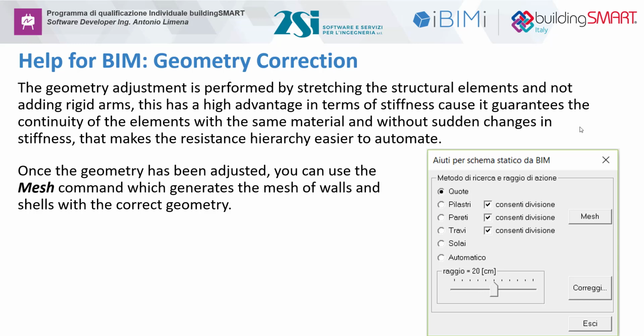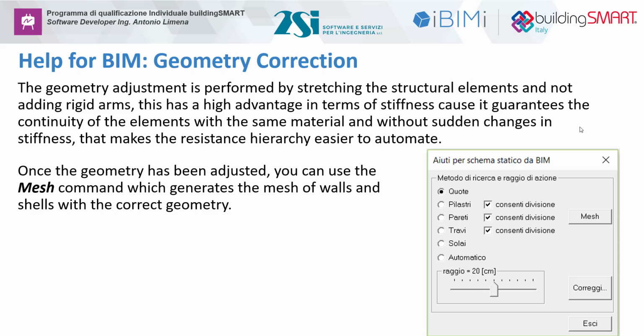Okay, what does this command do? As I already said, I'm just reading now, it is performed by stretching structural elements and not adding rigid arms. Why am I saying this? Because other software, like Revit itself, usually generates some rigid arms that connect the nodes that are not really connected.